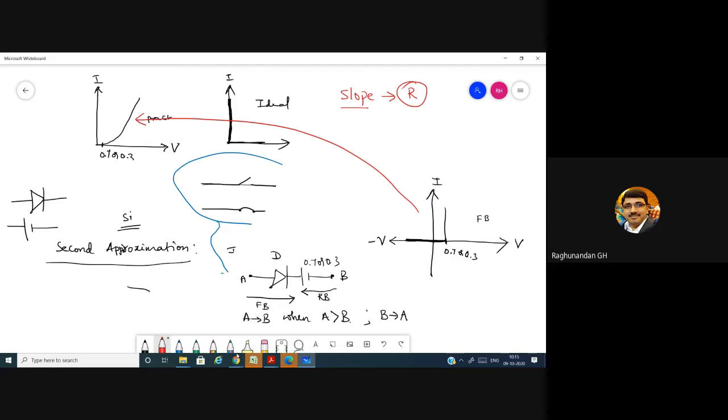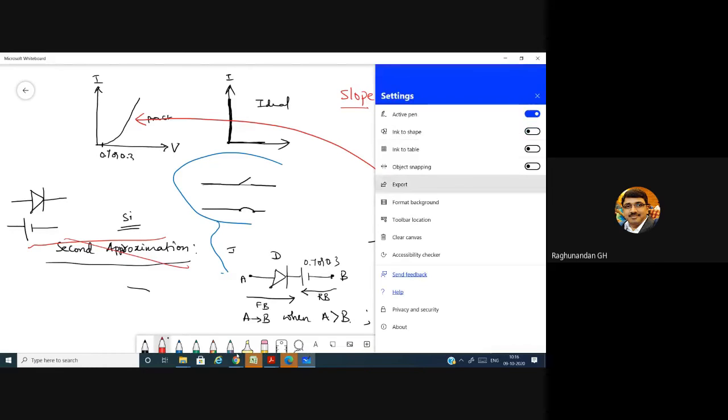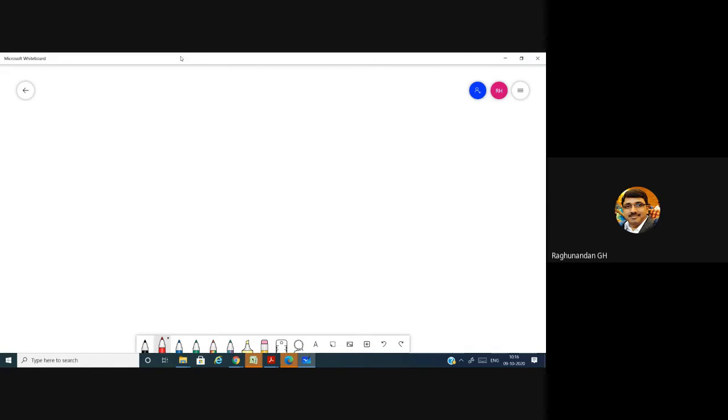So again, they came to know that this is having a slope, this is a straight vertical line. So these two are again not matching. So again, the second approximation failed. So next they go for the piecewise linear characteristics or the third approximation.